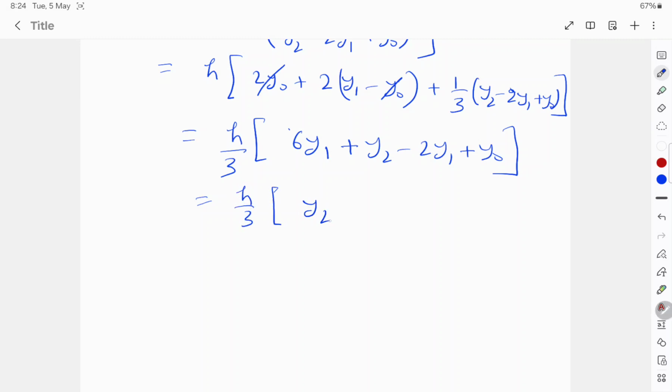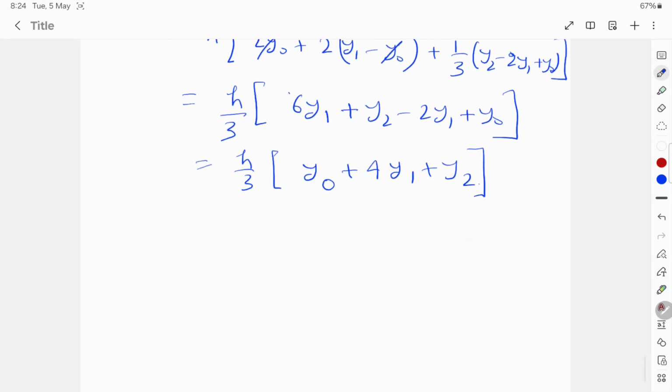Therefore you are getting y0 plus 4y1 plus y2. Better to write this as y0, and this as y2. So this is your new formula. This is called the Simpson 1/3 rule.